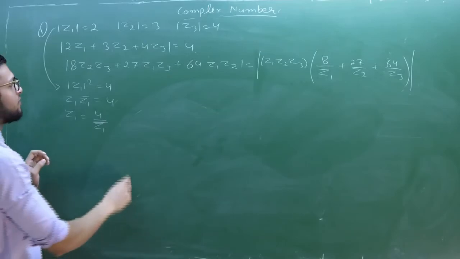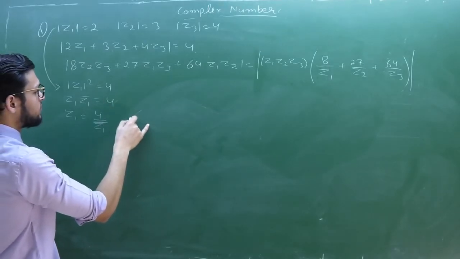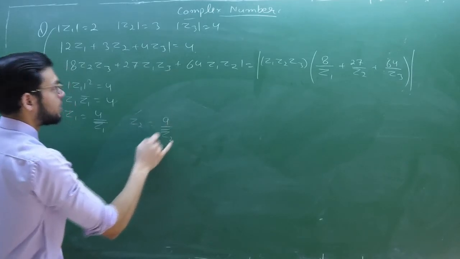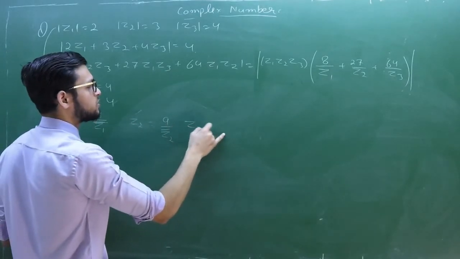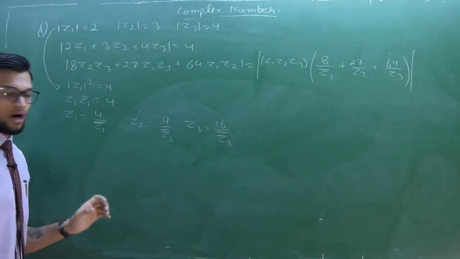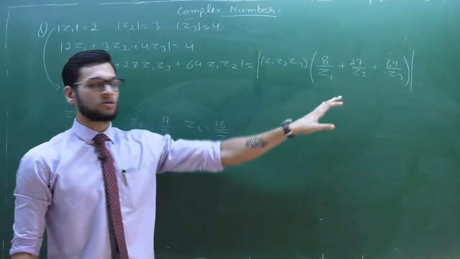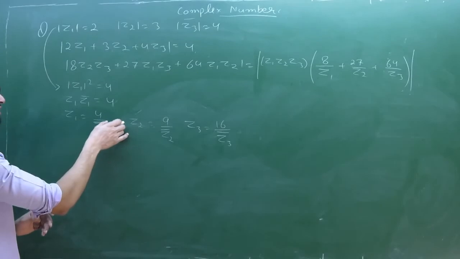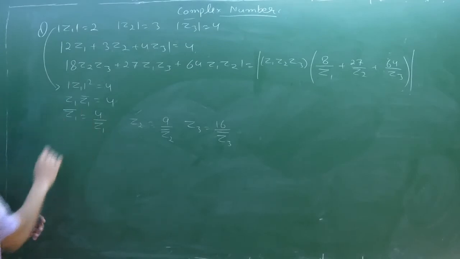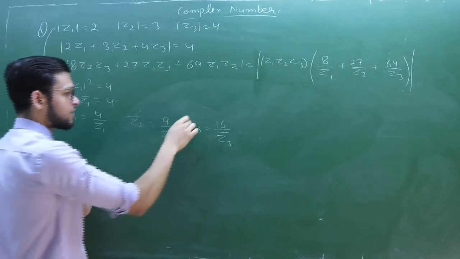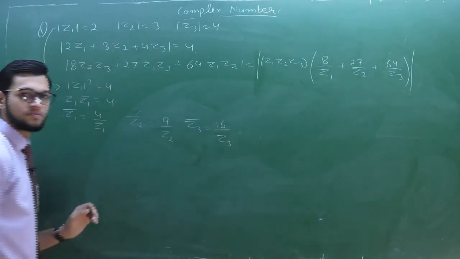And similarly, if we calculate for z2, then z2 will be equal to 9 upon conjugate of z2, and z3 will be equal to 16 upon conjugate of z3. Now, if we substitute these values in this term, you can also say that conjugate of z1 will be equal to 4 upon this, conjugate of z2 will be 9 upon this, and conjugate of z3 will be 16 upon this.